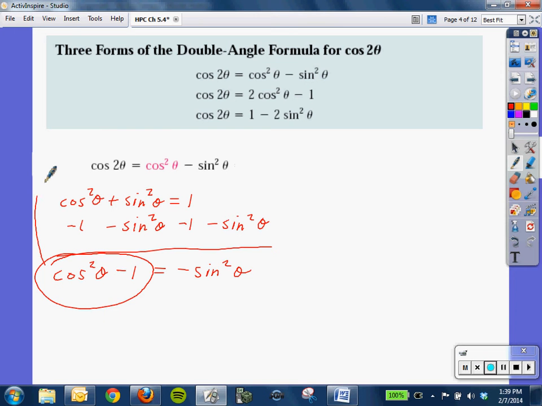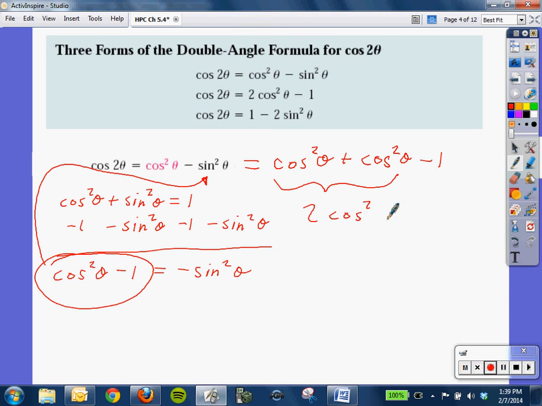So if you make that substitution into negative sine squared here, you would have cosine squared plus cosine squared minus 1. So if I plug into the negative sine squared, I have cosine squared plus cosine squared, which is 2 cosine squared, and then minus 1. So that's how we come up with the second one. Does that answer your question?